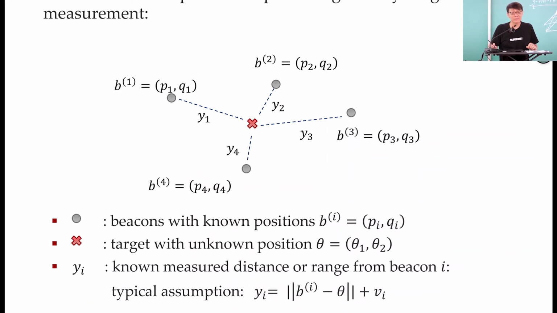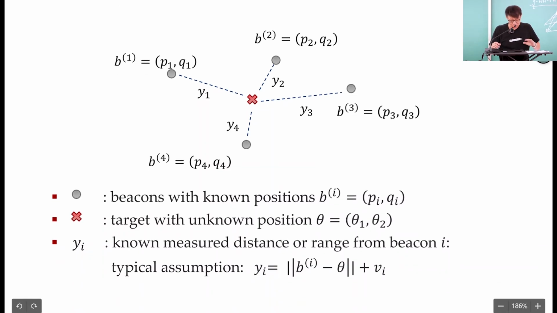UWB, for example. That's only a range measurement. You only know there's something 10 meters away from me, but you need several of those to triangulate.